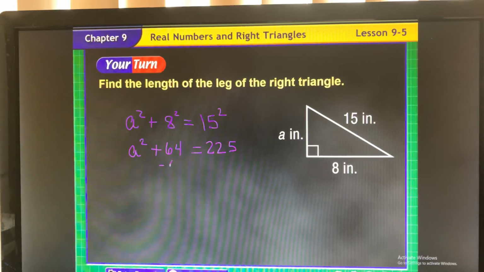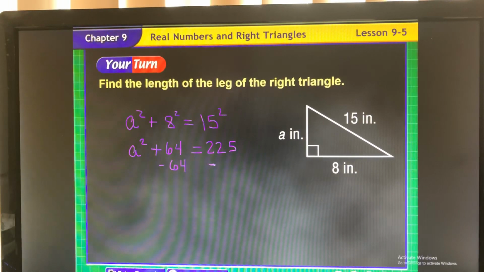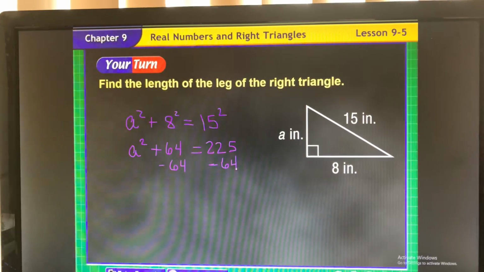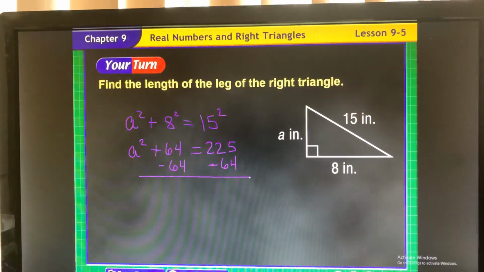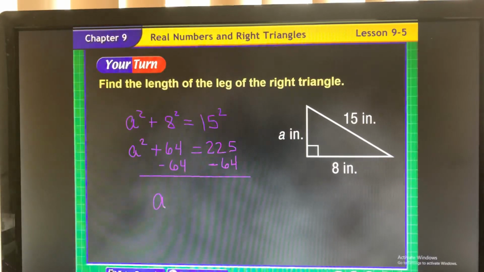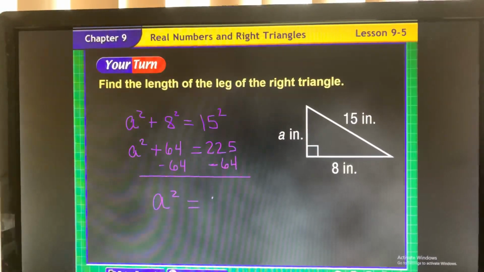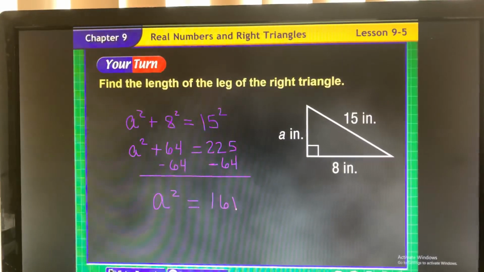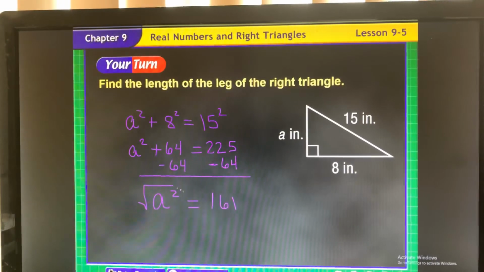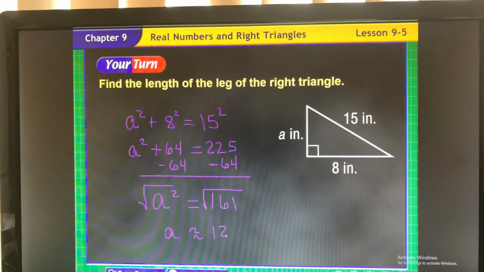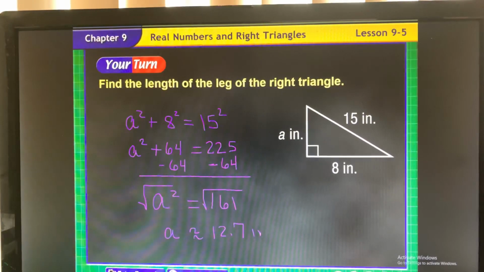Go ahead and subtract 64 from both sides. I'm going to get a squared is equal to 161. Undo the square with the square root. And a is going to be approximately 12 7/10 of an inch.